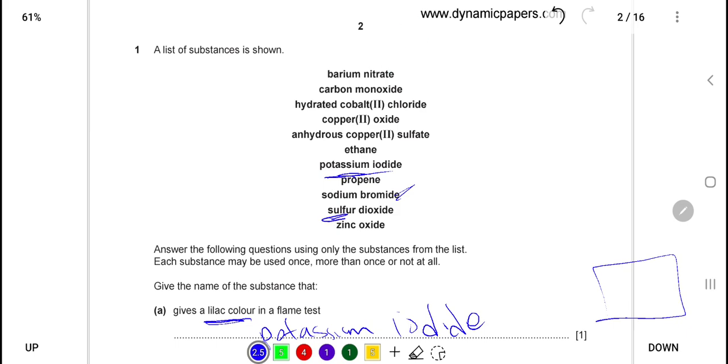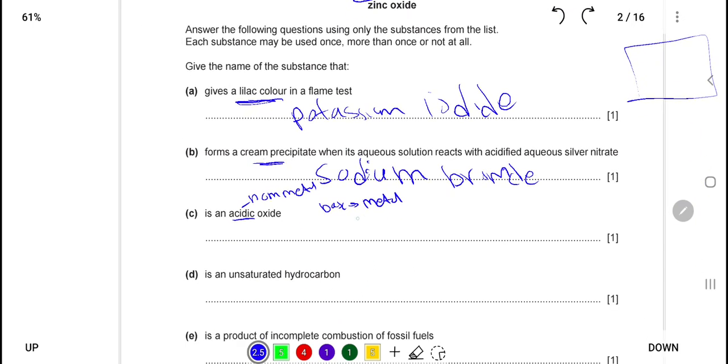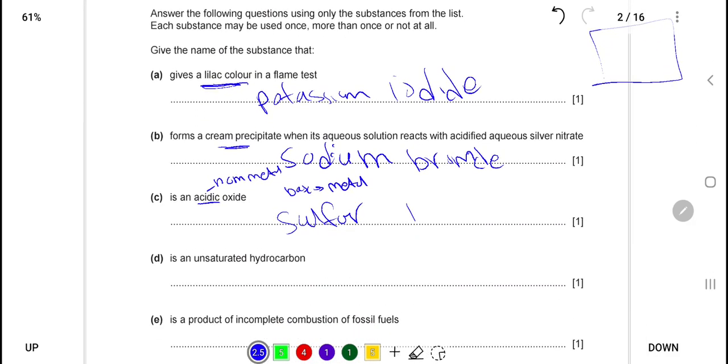Sulfur is on the non-metal side of the periodic table, so this must be the answer, sulfur dioxide. And also for your own knowledge, CO2 and whatever is acidic. Thus it's an acidic oxide, which is a non-metal.